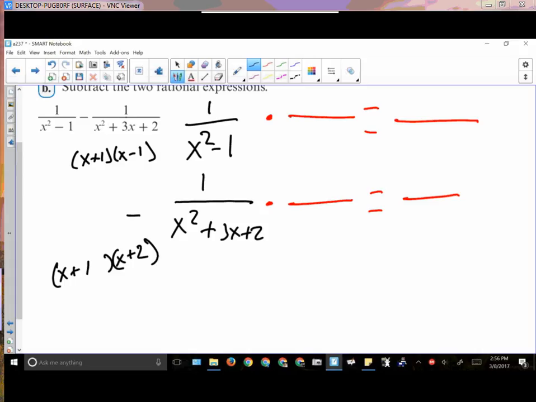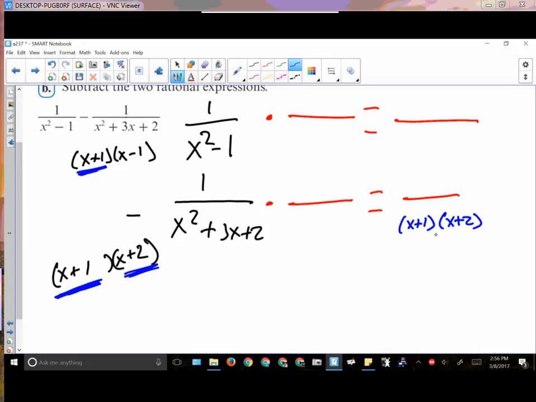Now, just like we did before, I need to make sure that all of these parts here are for the least common denominator. I need an x plus 1, so I'm going to put in an x plus 1. I need an x plus 2, so I'm going to put in an x plus 2. I need an x plus 1. Do I already have an x plus 1?